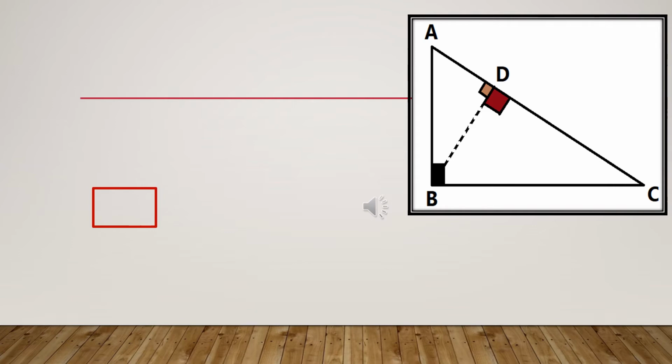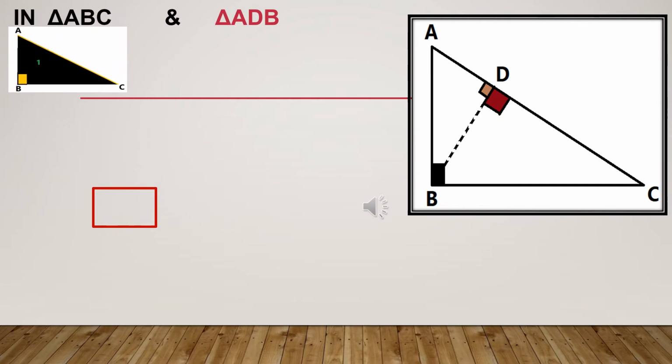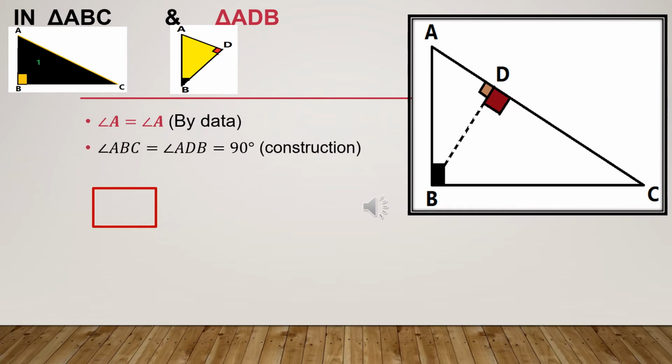To prove the theorem, consider two right angle triangles, triangle ABC and triangle ADB. In triangle ABC and triangle ADB, angle A is equal to angle A from data, and also angle ABC is equal to angle ADB is equal to 90 degree by the construction.